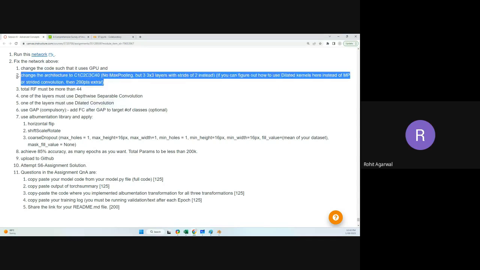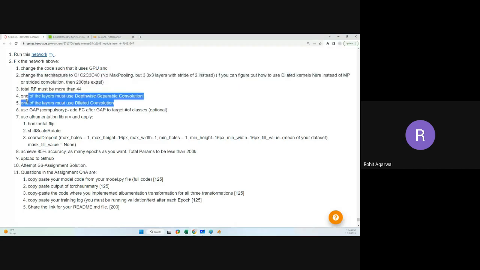No, you are saying that C1, C2, C3, C4. No, it's for the second one. The other guy was asking. No, I'm saying that point number 5. See, you are saying that your architecture should have C1, so 4 convolution layers, right? Is point 5 compulsory? Yes, it is compulsory, right? Is this compulsory?